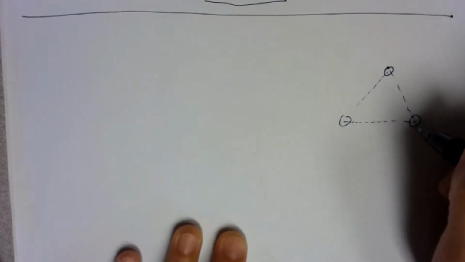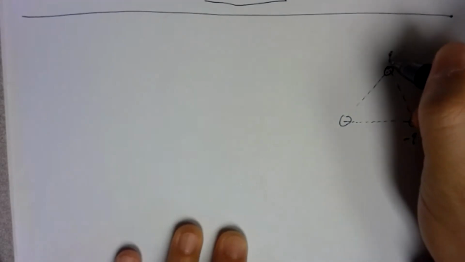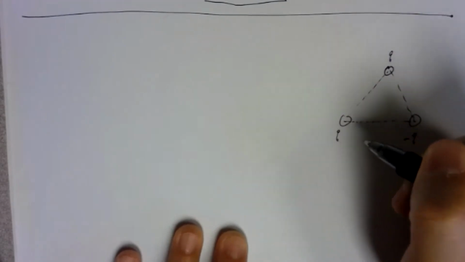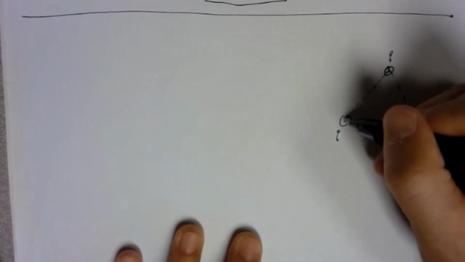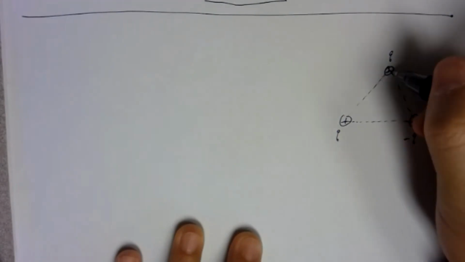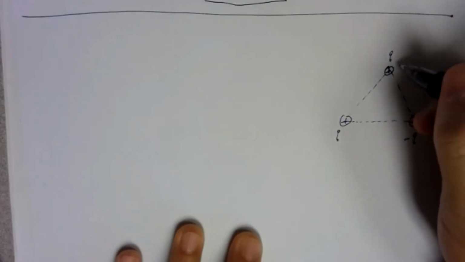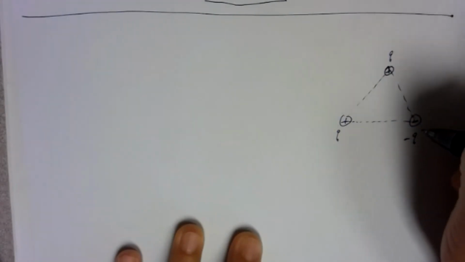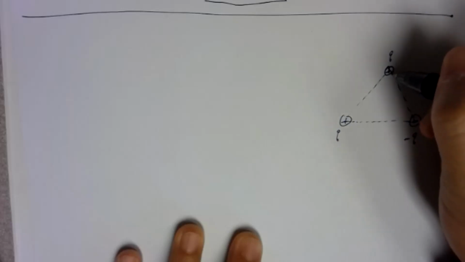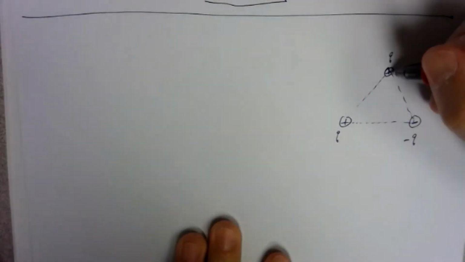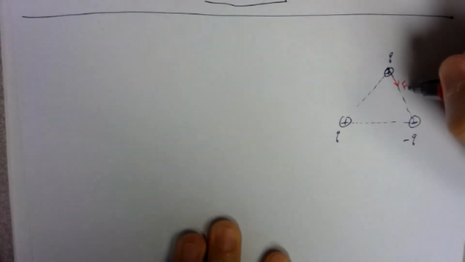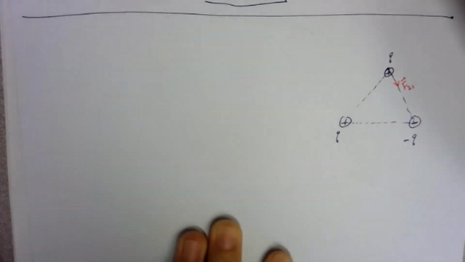So this guy's negative Q. This is positive Q, and this is positive Q. So the force on 1 then will be, so this is positive, okay, this guy's negative. So the force on 1 by 2 should be attractive, right? So it should be this one here. So let's call this force of 2 on 1, okay, in this direction.